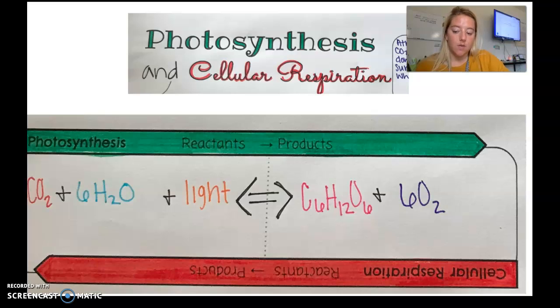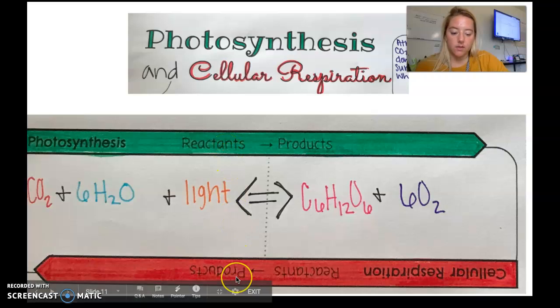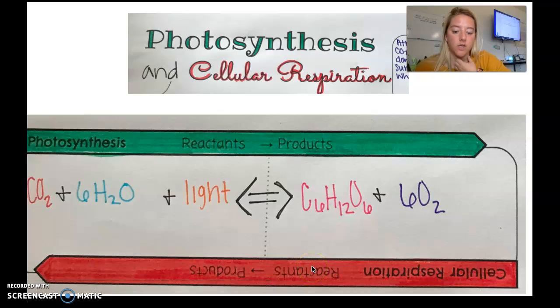This is something maybe though that you didn't realize yesterday on your notes, but the reactants of photosynthesis are the products of cellular respiration, and the products of photosynthesis are the reactants of cellular respiration.